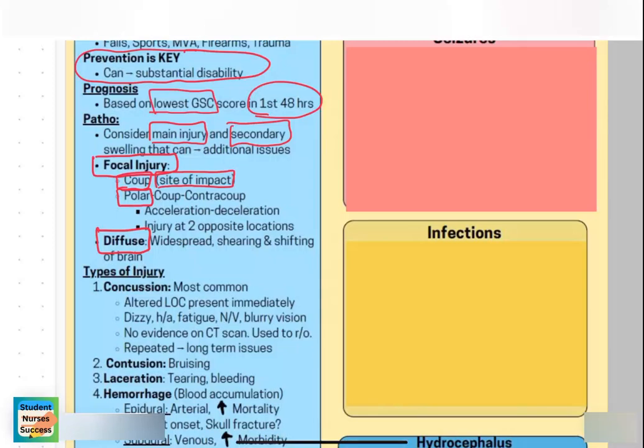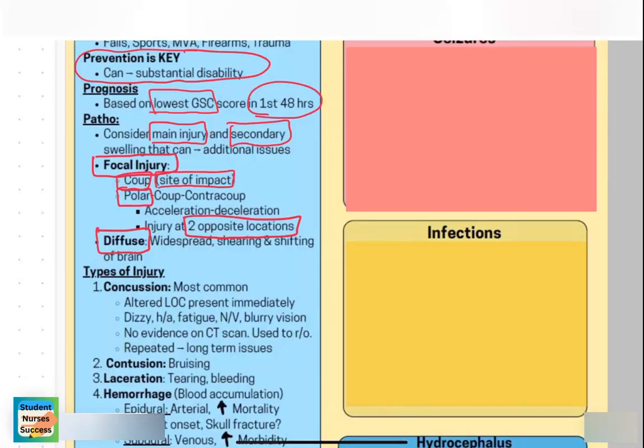But because of the sudden deceleration of the car from maybe hitting a tree or whatever object it hits, now the head slams backwards, and the back or the occiput of the head hits the back of the seat. Now we have two injuries at two opposite locations. You have the forehead injury, and the occiput injury. So now we have swelling and injury at two opposite poles of the head.